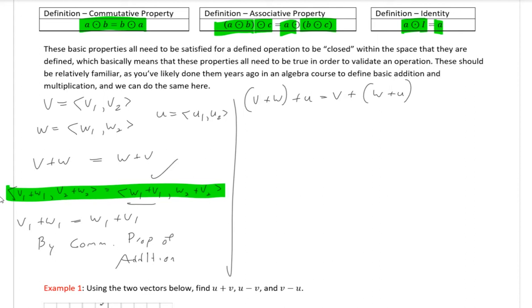V plus W, we already know, is V1 plus W1, and then V2 plus W2, plus U. And on this side, we have V plus W plus U will give you W1 plus U1, and then W2 plus U2.